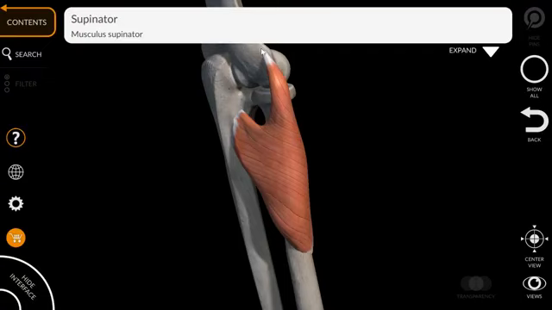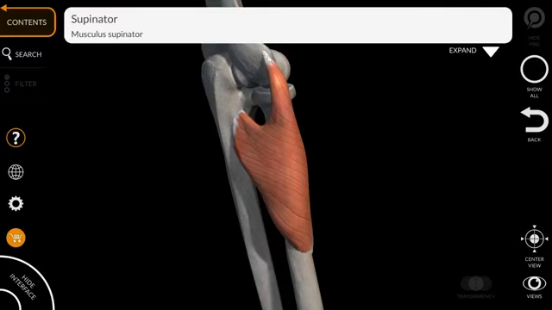You can see that it is arising from the lateral epicondyle of the humerus, and it is inserting into the neck and shaft of the radius, as you can see here.